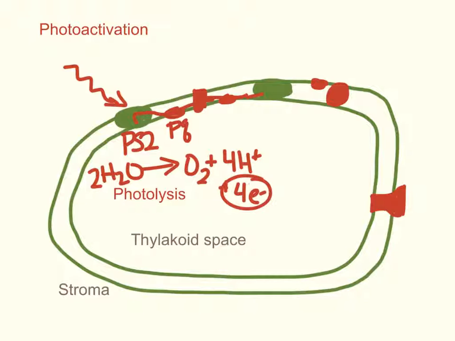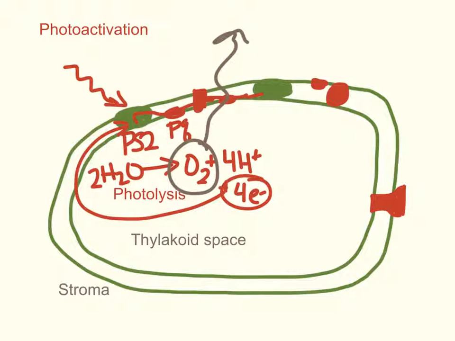Those 4 electrons are going to take up the spot of the ones that were lost in the electron transport chain. The protons are going to be placed within the thylakoid space, and the oxygen gas is going to be released out as a waste product.